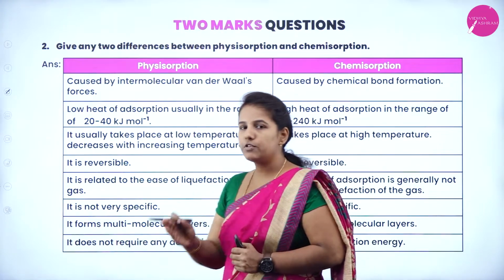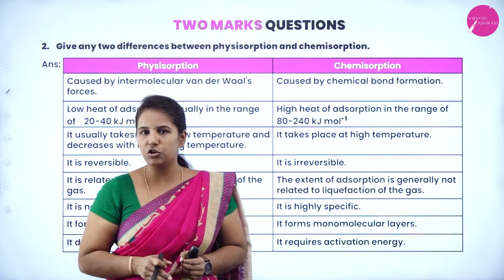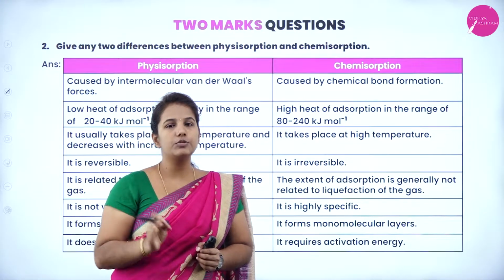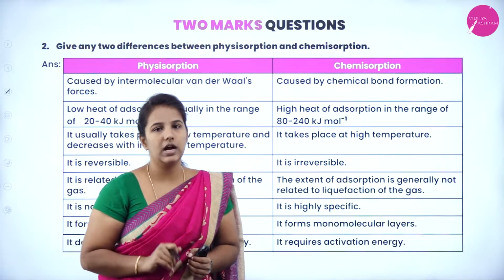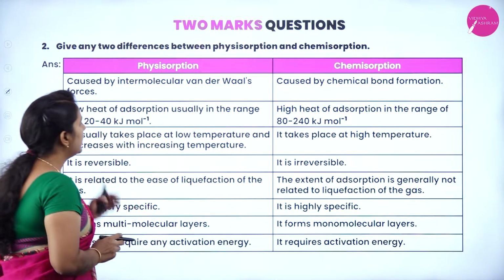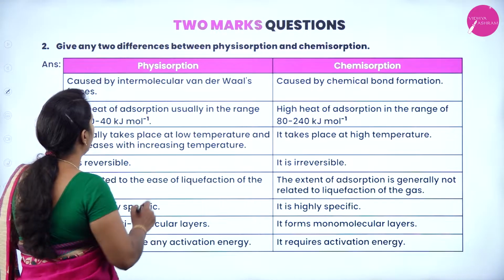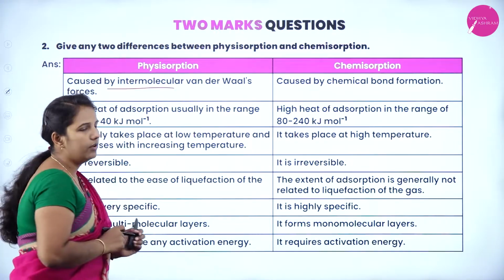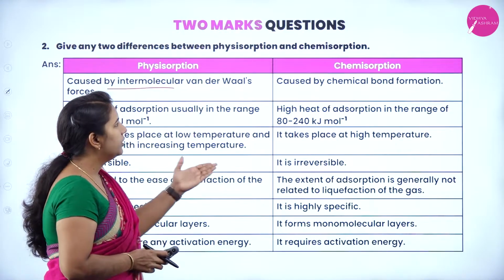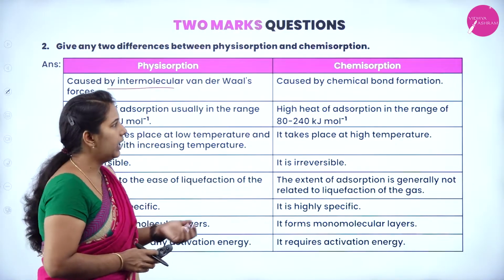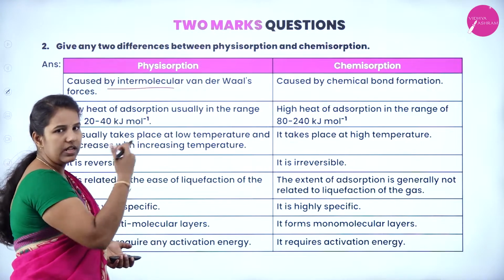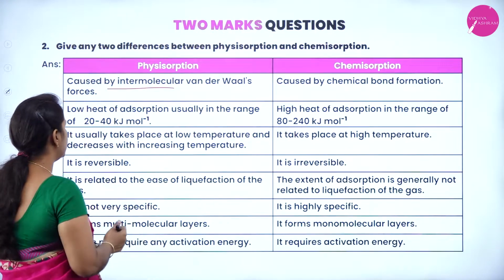Next, write the differences between physisorption and chemisorption. Physisorption is nothing but physical adsorption, whereas chemisorption is nothing but what? Chemical adsorption. So let us see the differences between these two. This is caused by intermolecular van der Waals forces of attraction. Usually this is caused by chemical bonds and involves the formation of bonds.